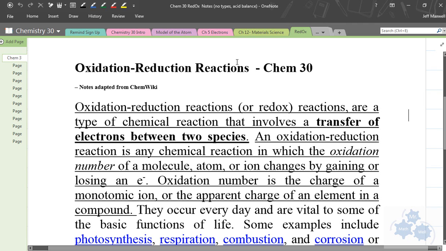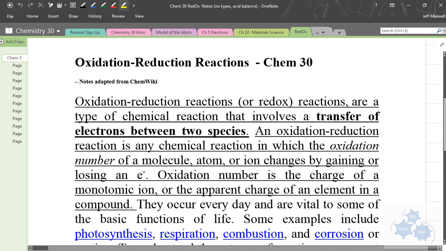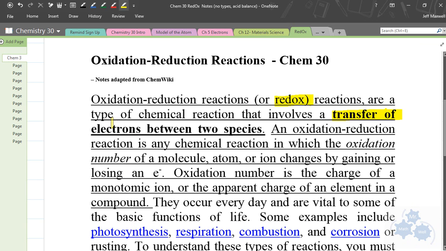In your notes, we're going to go through this rather quickly, but I'm just going to highlight a few things. Feel free to make notes in your margin or to highlight. Those notes that you have are yours. So redox reactions is the short form here. It's the type of chemical reaction that involves a transfer of electrons between two species.